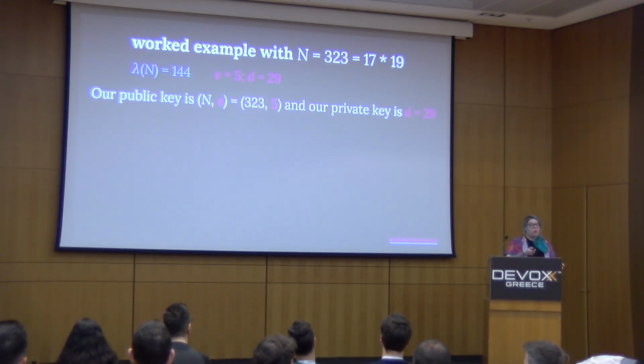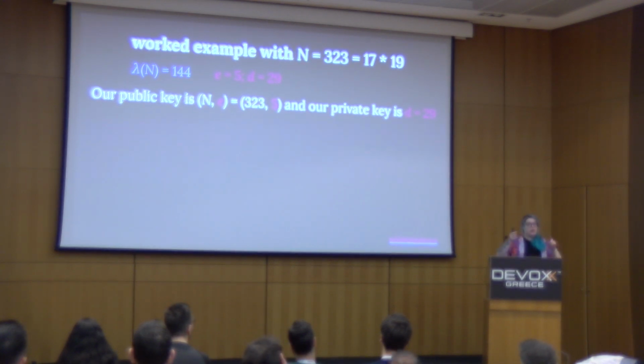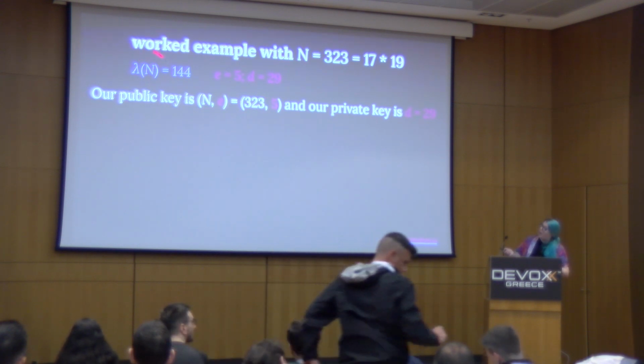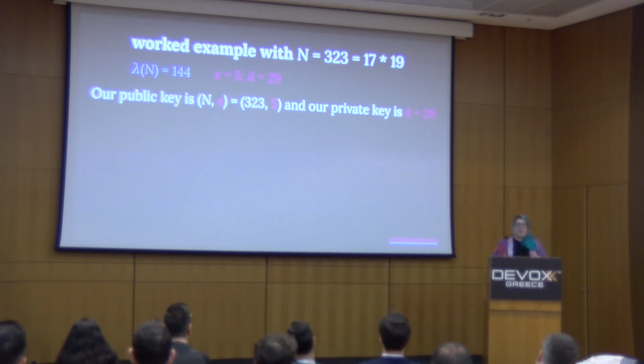And other people can't know what that number is, because the way we derived it is based on the lambda number, 144, and we got that by knowing the factorization of our big number. So that's why it's hard to derive d from all of these other things without knowing this, right? And that's based on the fact that it's very hard to find the factors of a big number.